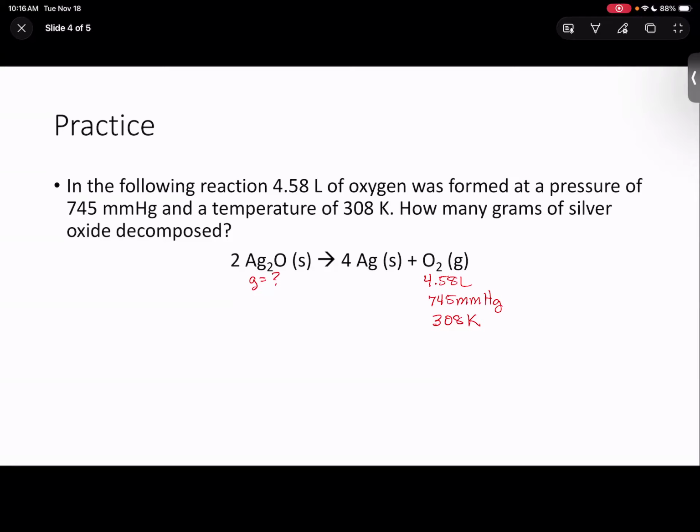What this tells me is I'm going to be using the ideal gas law to get to n. Before I can do that, I've got to make all of my units match R, which means I've got to convert that millimeters of mercury into atmospheres.